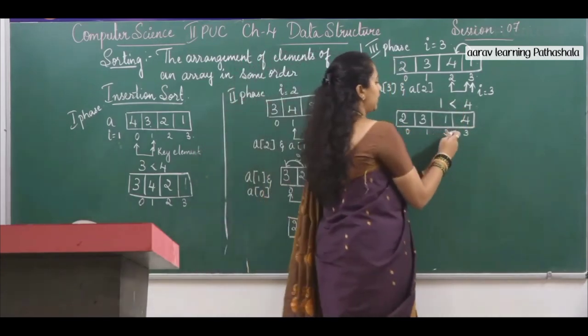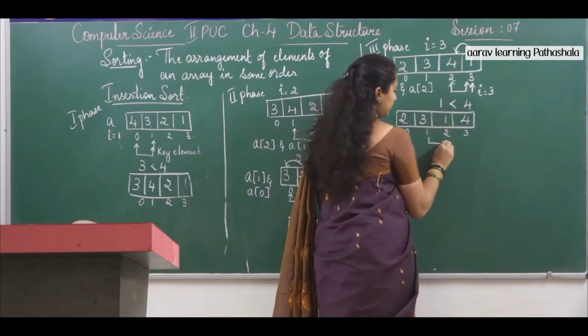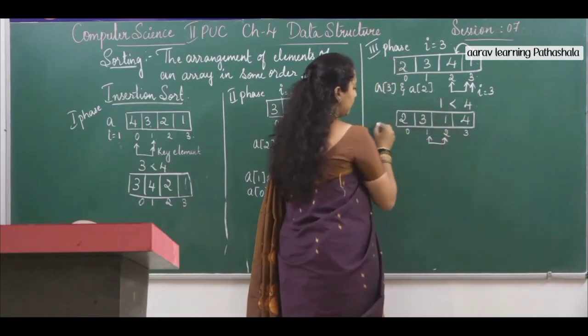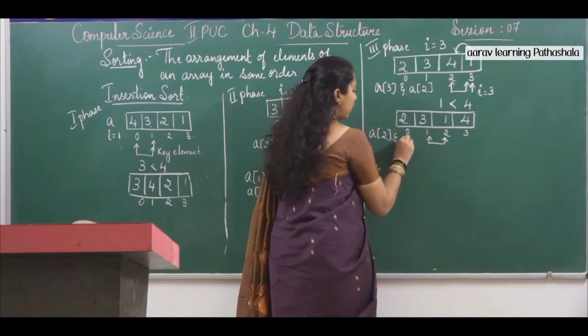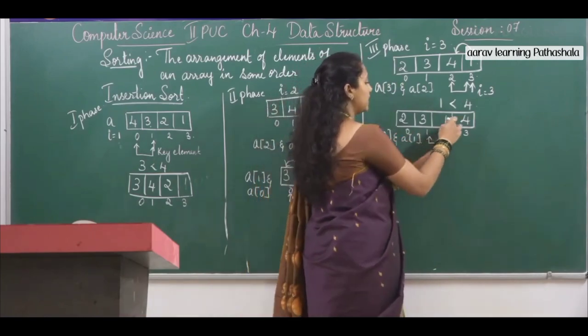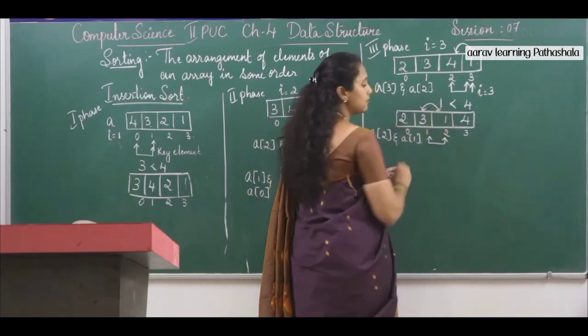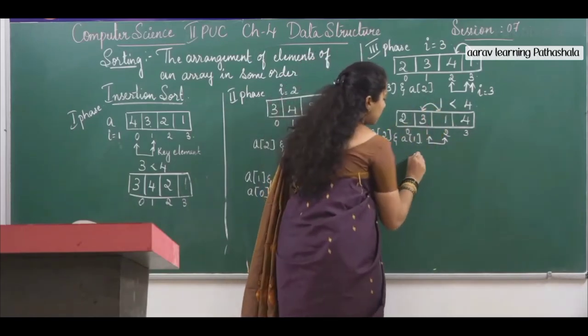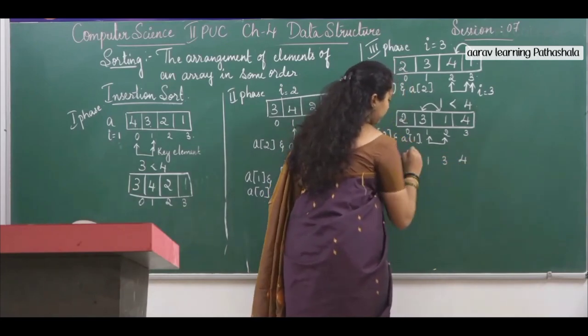Now we are comparing 1 with 3, that is, we are comparing A of 2 and A of 1. As 1 is less than 3, we are going to swap these array elements. The output is 2, 1, 3, 4.